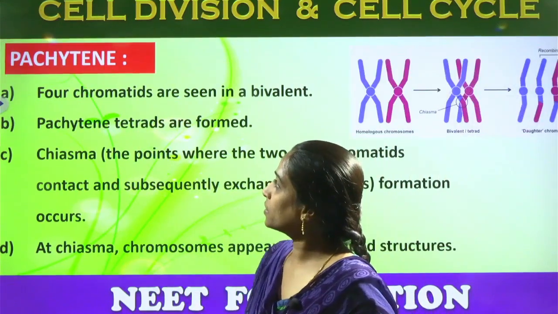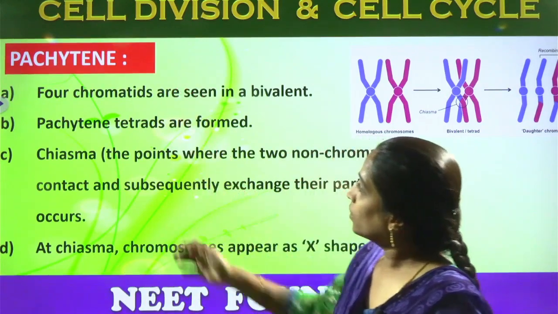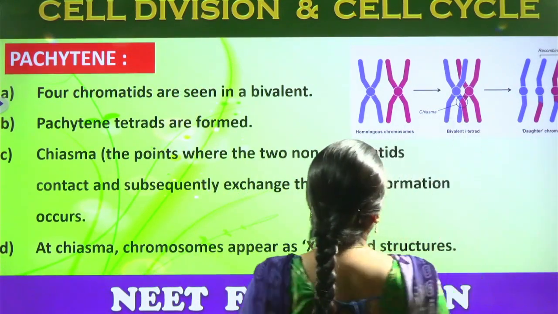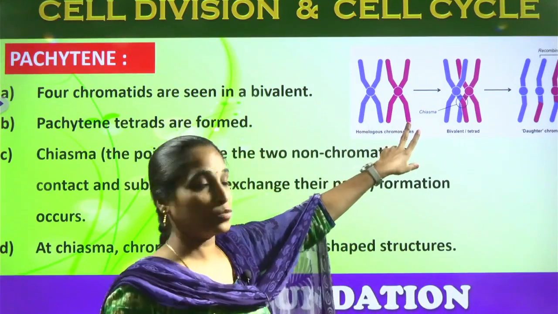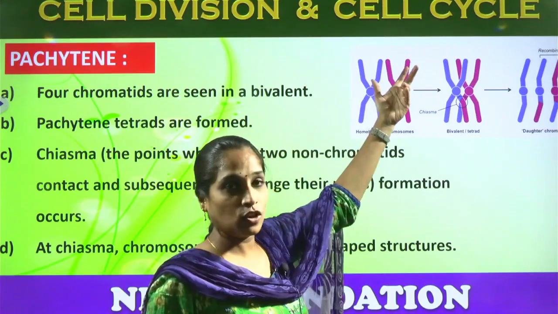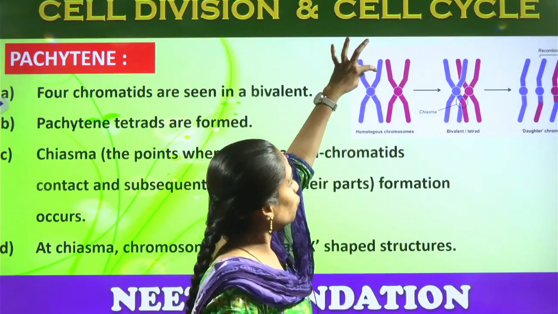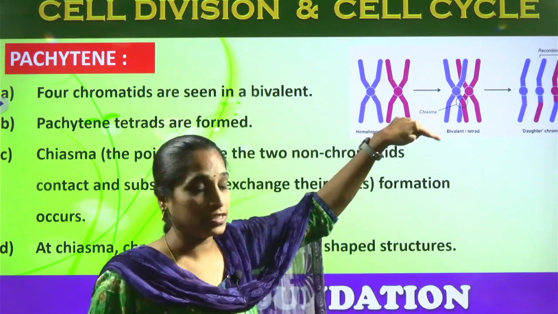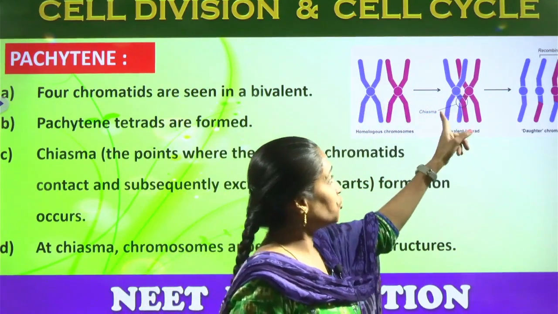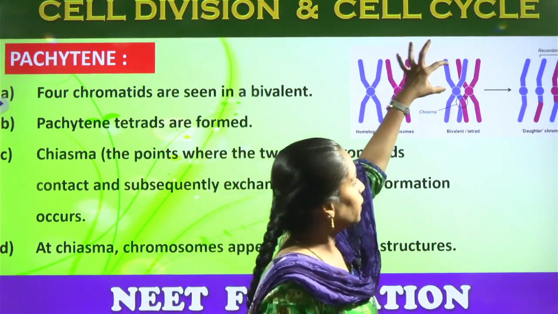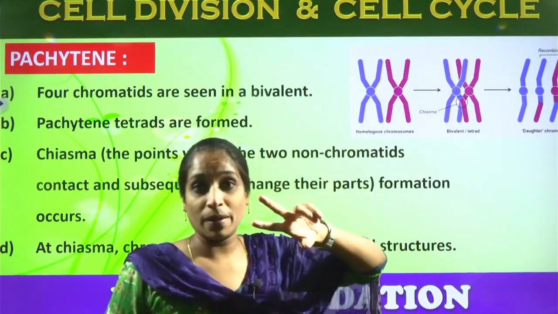And the next one is the continuation within the pachytene itself. Here is a very clear picture of homologous chromosomes. We can observe that for the first chromosome, either the paternal or the maternal one, 4 chromatids are being seen, and here also 4 chromatids are being seen. Next we can observe the chiasma, with its X-shaped structure, and the tetrad condition of the bivalent.